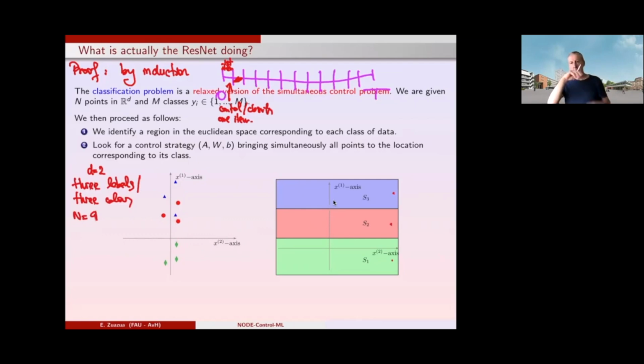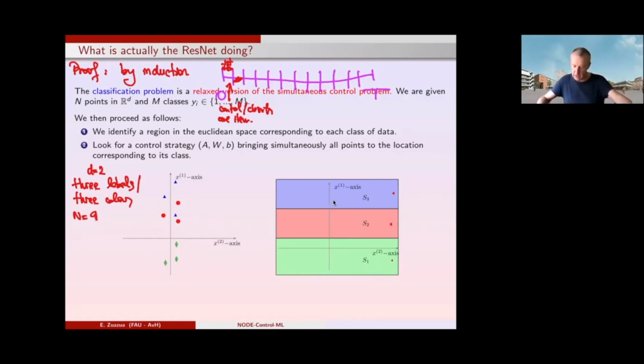And assume I am in the last step. Because if I look at this cloud of points, I will say the greens are really in the south band, the blue are in the north band, and the red are in the intermediate band. So they are more or less classified.